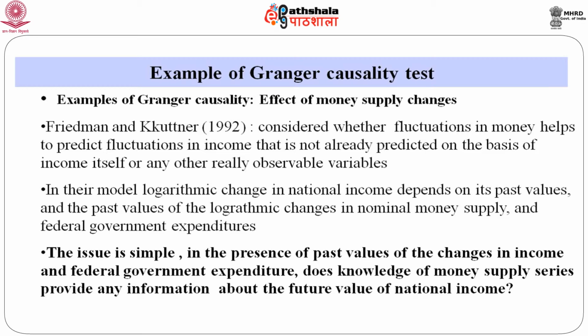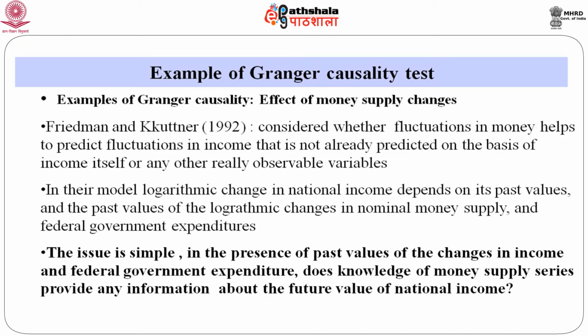So, they tried to find out whether fluctuation in money helps to predict the fluctuation of future income, which is not accounted for by past values of income or any other observable variable.